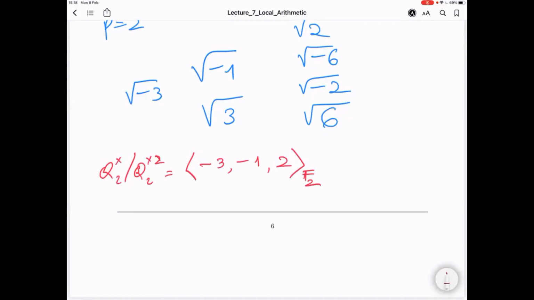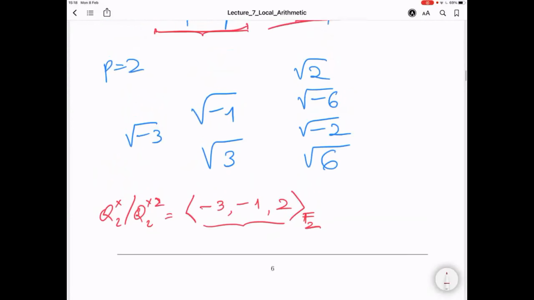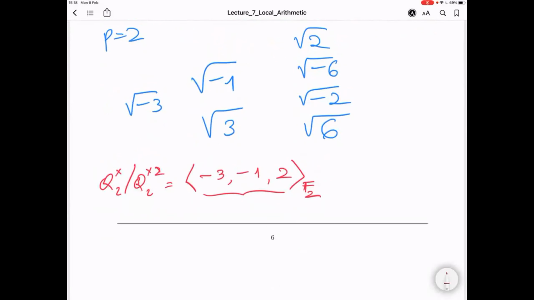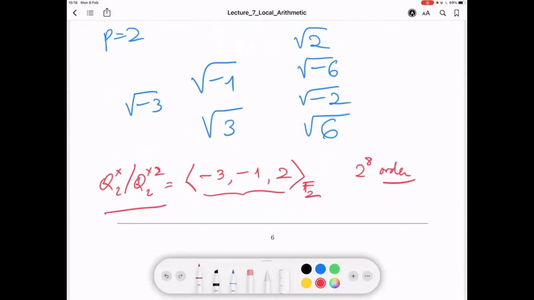So it's over F2, generated by these 3 elements. So how many quadratic extensions does it have? Quadratic extensions correspond to non-trivial elements. So it's not 2 to the 8, it's 2 to the 3, which is 8. That's the order of this group.